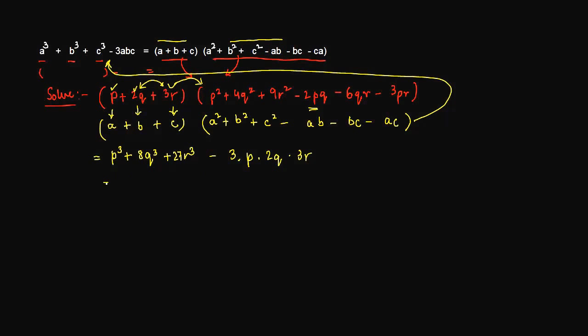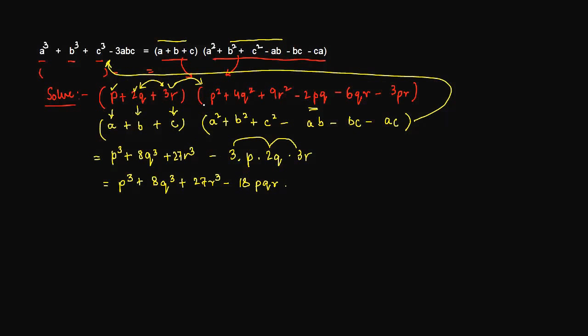Or simply speaking, this becomes P cube plus 8Q cube plus 27R cube minus 3 into 2, 6 into 3, 18PQR.